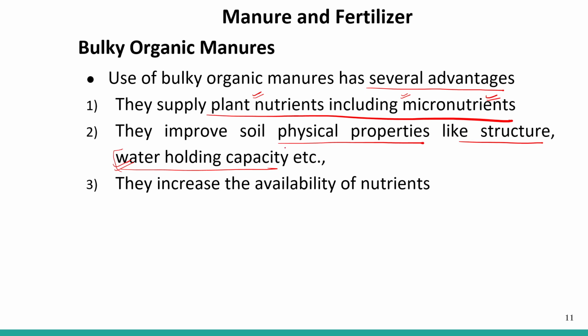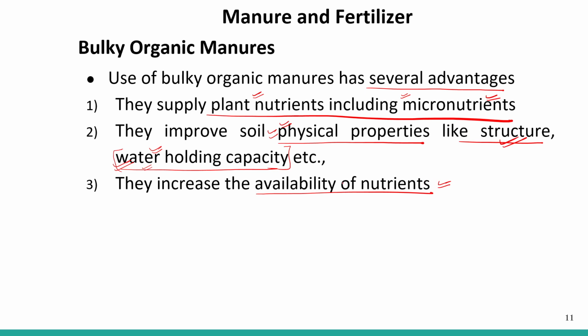So this improves the structure of the soil and the water holding capacity, and these come under the important soil properties, that is the physical properties. Okay, so they also increase the availability of nutrients to the plants.